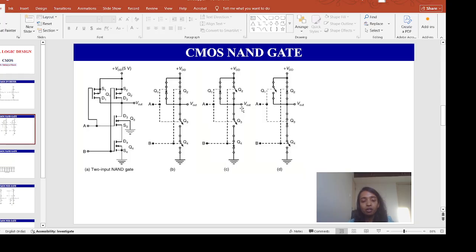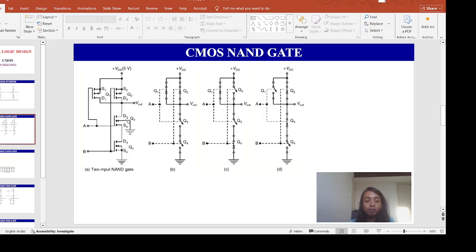So what will happen now? In the next condition, if I apply A plus 5 volt and B 0 volt, what will happen? A plus 5 volt, B 0 volt. So in that condition, my VGS1 will be 0 volt, and VGS2 will be minus 5 volt.